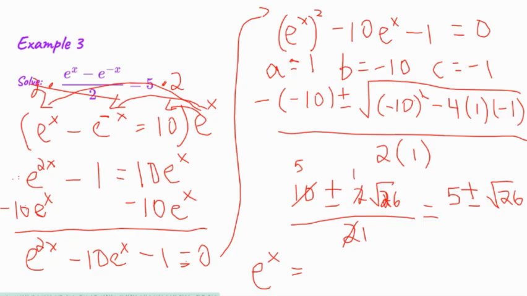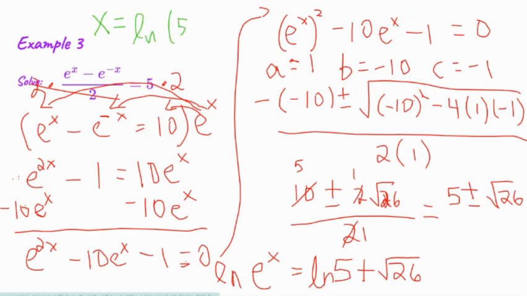So if we do 5 minus a little bit more than 5, then we get a negative, so we are going to get rid of that. Whereas with the addition, we're just adding two positives together. So that's all good. Then we finish it by taking the natural log of both sides. And I'll write the final answer up here in green. x is equal to the natural log of 5 plus root 26.